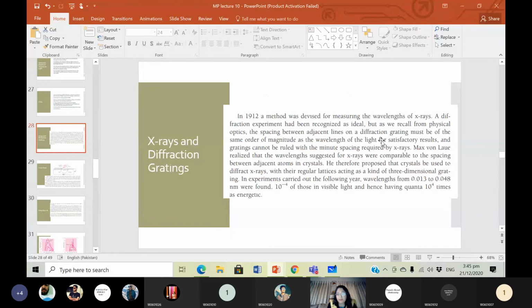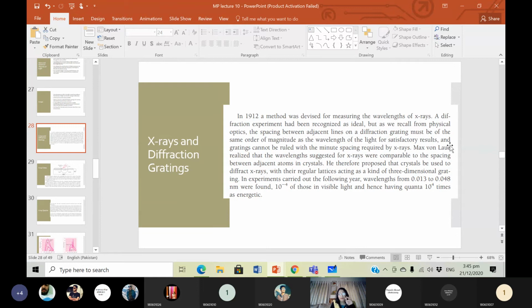We can only use diffraction to figure out the wavelength of the incoming electromagnetic wave if the spacing between the adjacent lines on a diffraction grating is of the same order of magnitude as the wavelength of the light for satisfactory results.